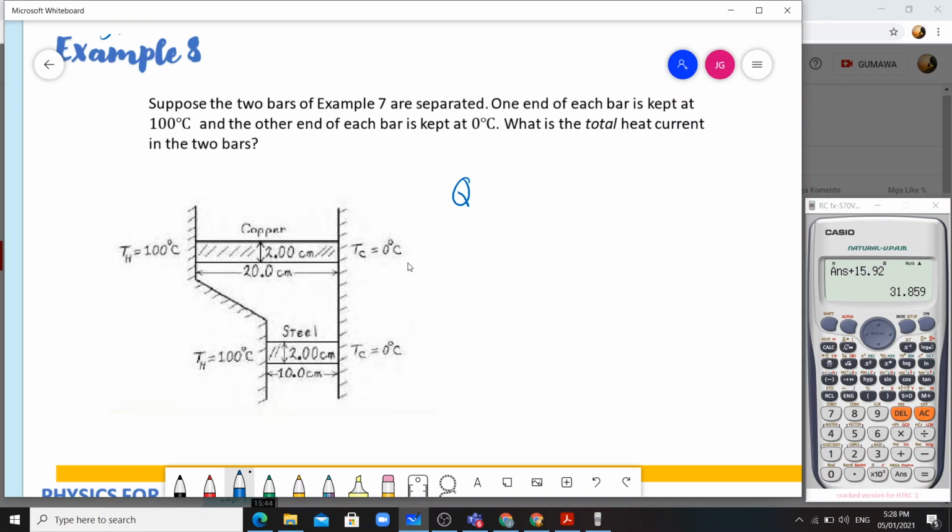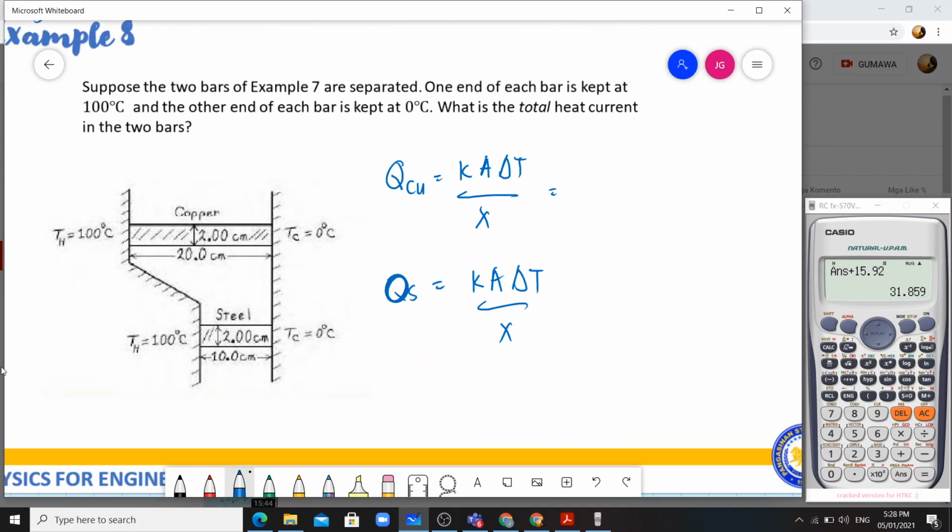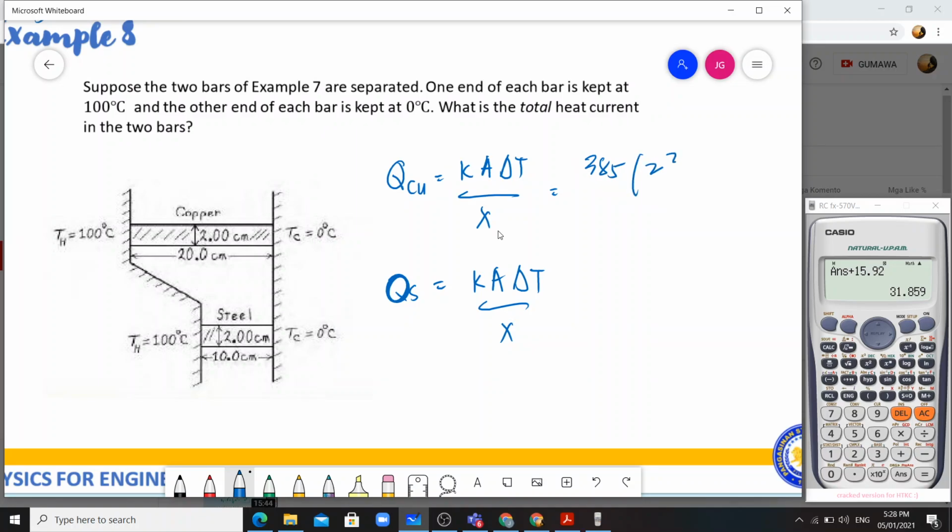So, Q ng copper is K A delta T over X at Q ng steel is K A delta T over X. Okay, so ang K ng copper is, ano na yung K ng copper? 385. 385 times 2 squared over 100 squared. Okay, area conversion lang ulit yan.